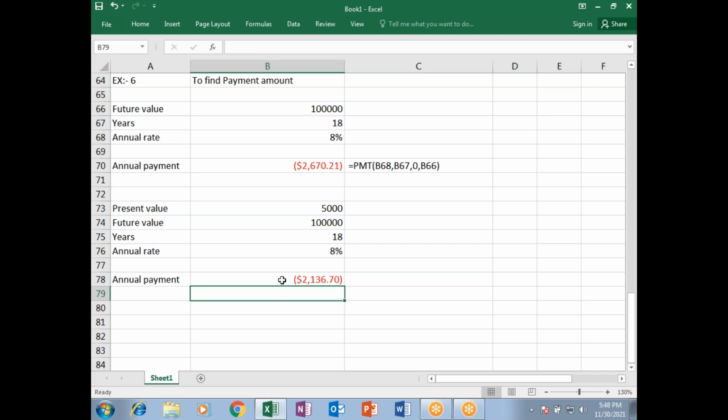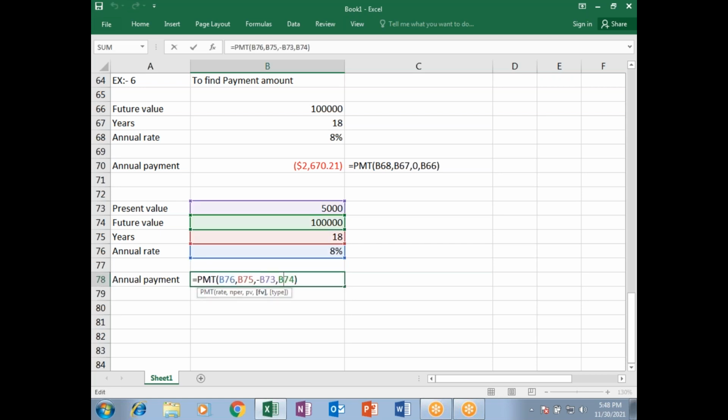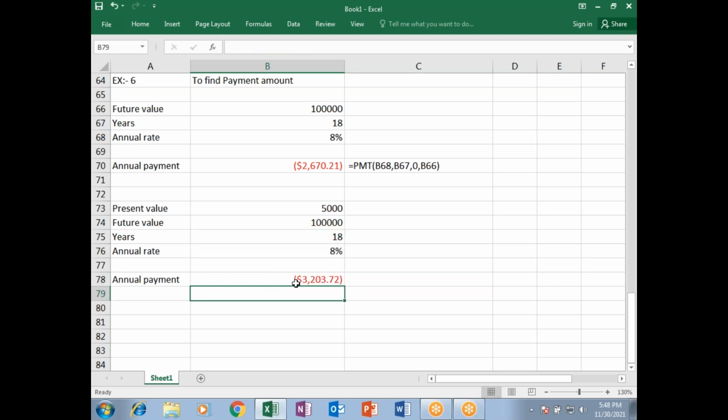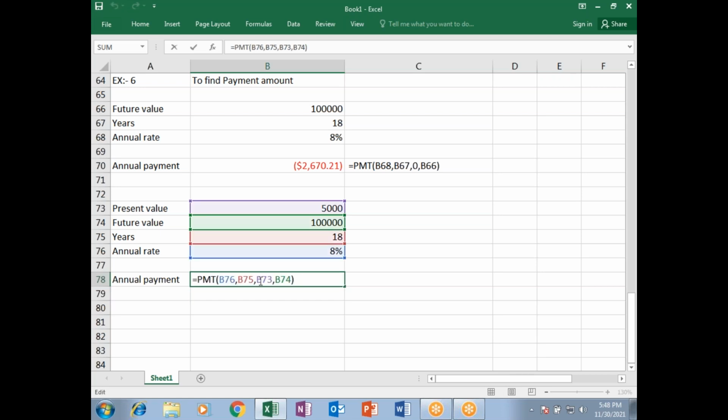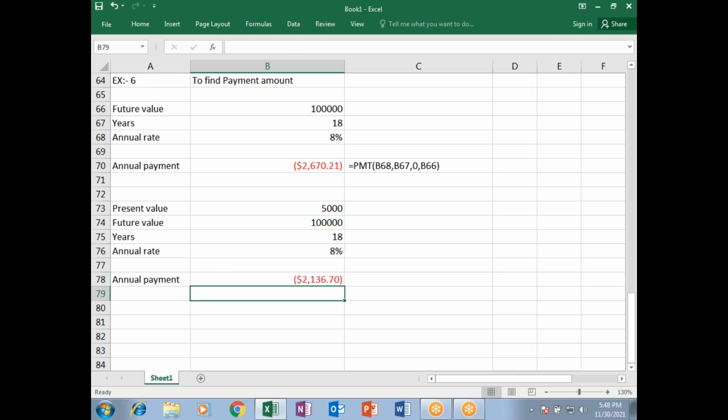It is an annual payment that I'm calculating, and as it is a cash flow, it comes out negative. If I remove the minus, I get a different answer than if I give the minus. Without it, it is 3,000-something, but if I give minus, it shows 2,136. So that 5,000 is being minused within the future value. So my annual payment will be 2,136.